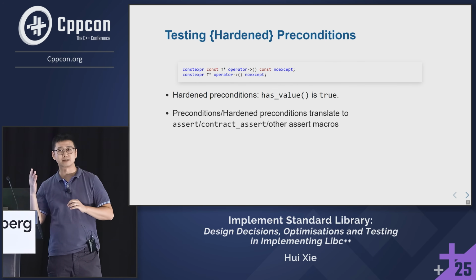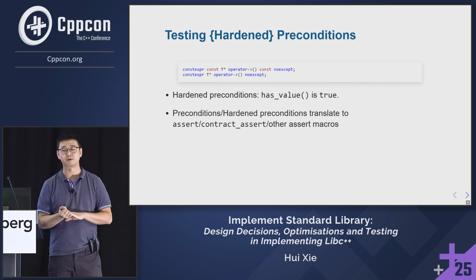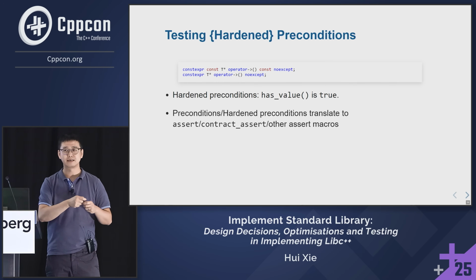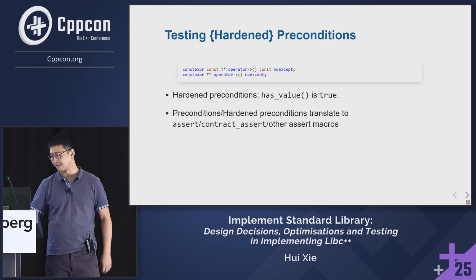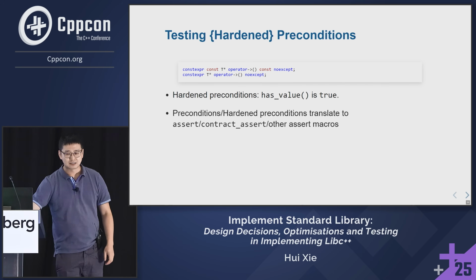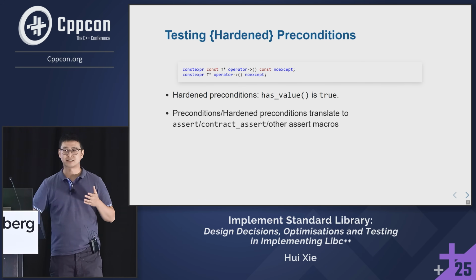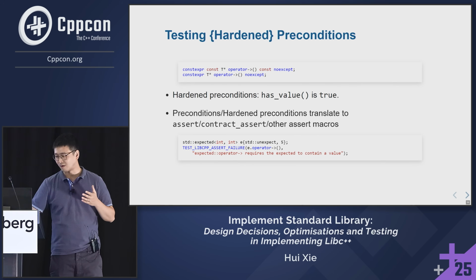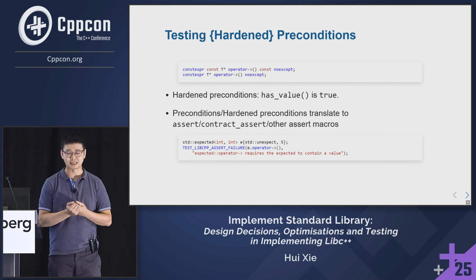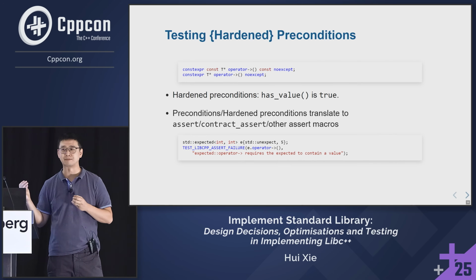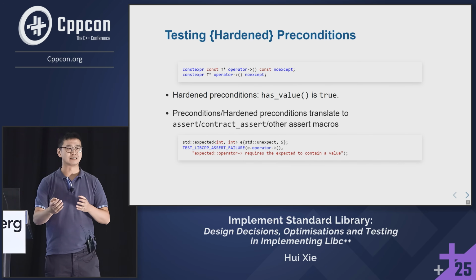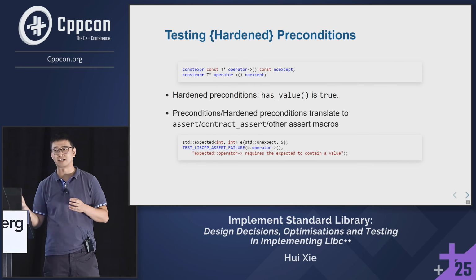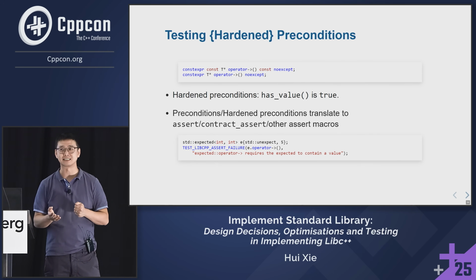So if the user happens to build their program in debug, they will see some assertion failure instead of some random error messages. The way we test our own assertions is that, well, we can't really test it nicely. Because it's purely runtime, we need to test some code that violates the preconditions that will emit an assertion failure and bring down your program as expected.